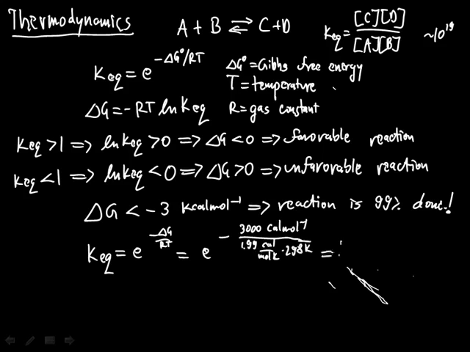And that will give us e to the, sorry, this value is negative, e to the 5.06, which is then 157.5, meaning that our equilibrium constant is high, and therefore there's very little starting material left.